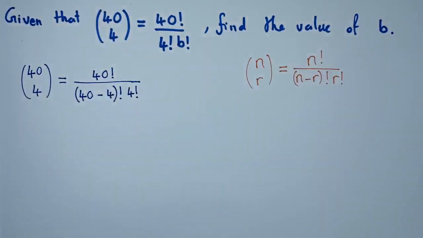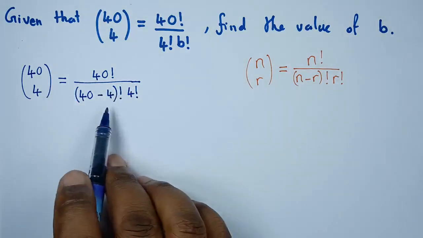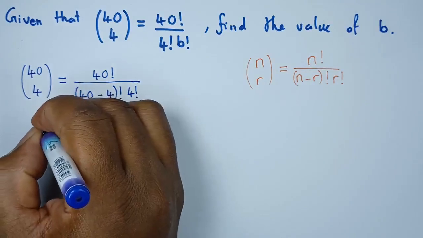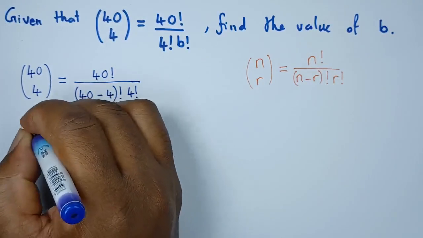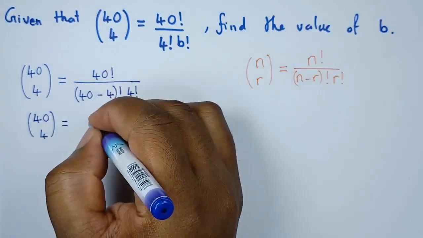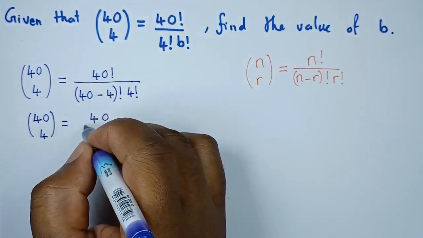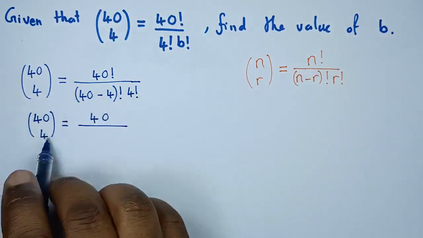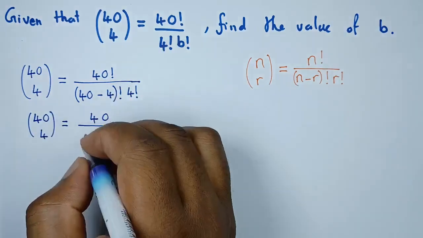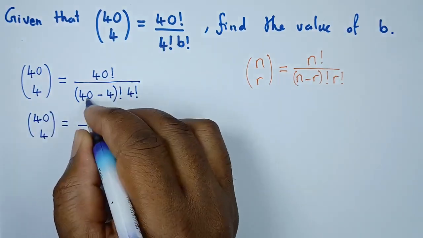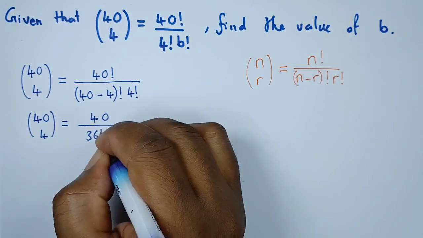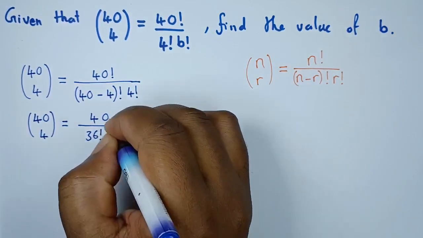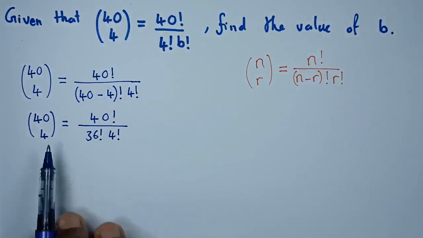Now that we have this expression, let's see how we can simplify it. 40 combined 4 is equal to 40 factorial divided by 40 minus 4, that is 36 factorial, times 4 factorial.